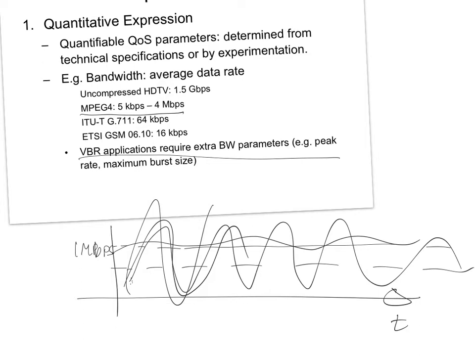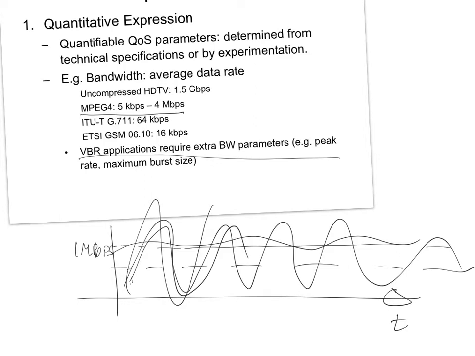So if we want to guarantee 100% quality on MPEG-4, then the network needs to give 4 megabits per second at all times. Because to maintain this in a very short period of time is not possible. So we have to give 4 megabits per second.